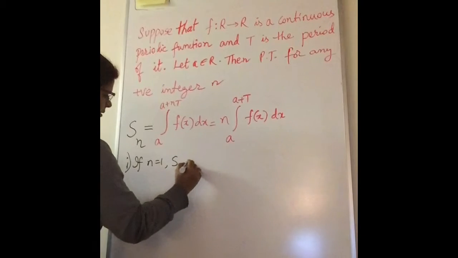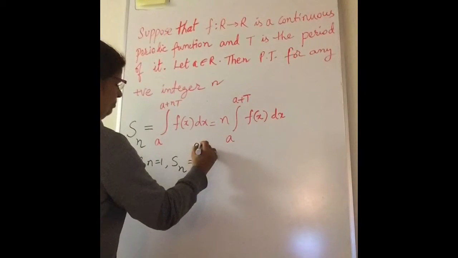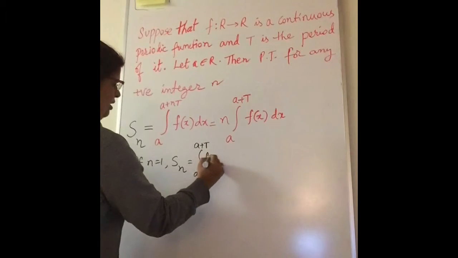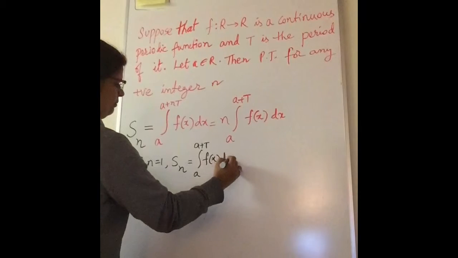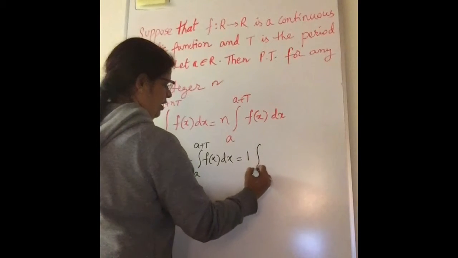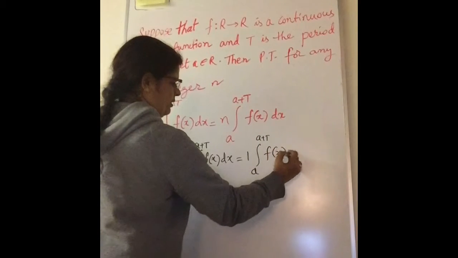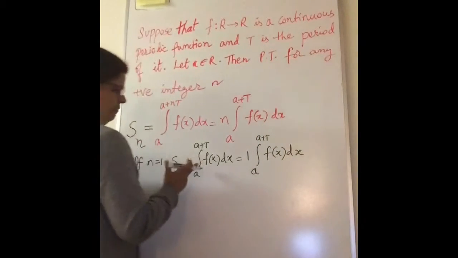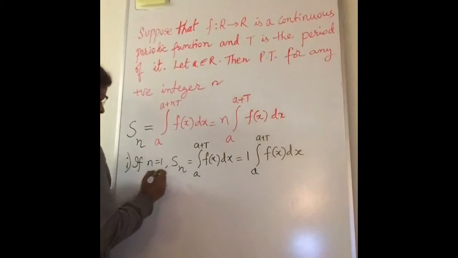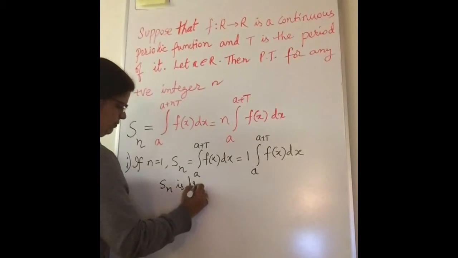Sn becomes integral a to a plus T f of x dx is equal to 1 times integral a to a plus T f of x dx. You can see this is true. So Sn is true for n is equal to 1.